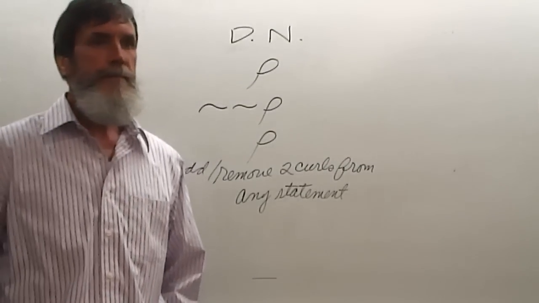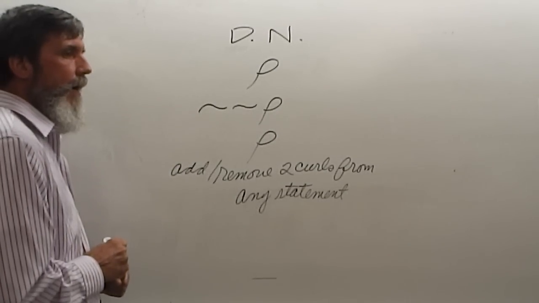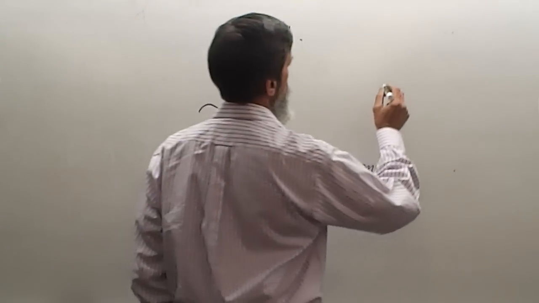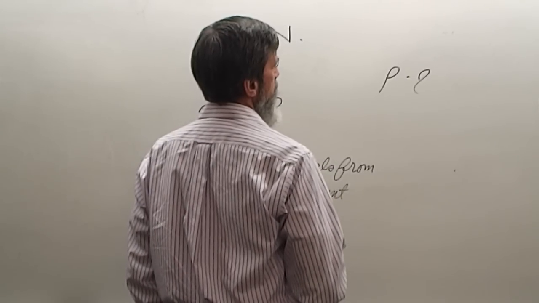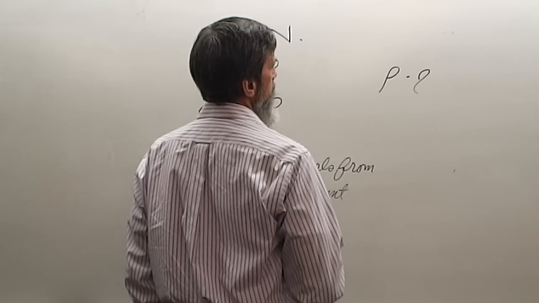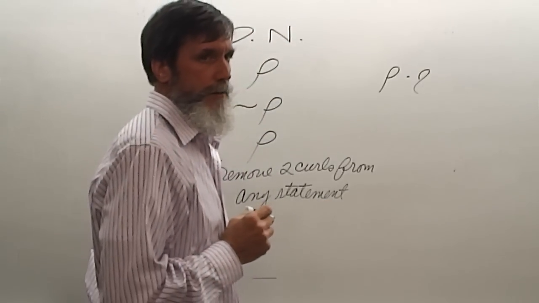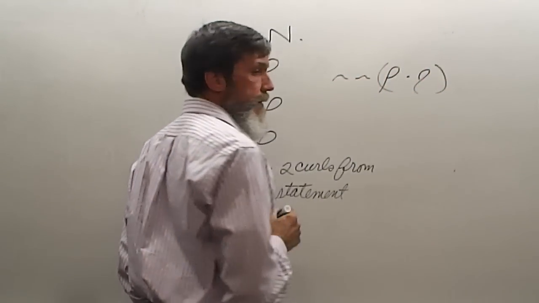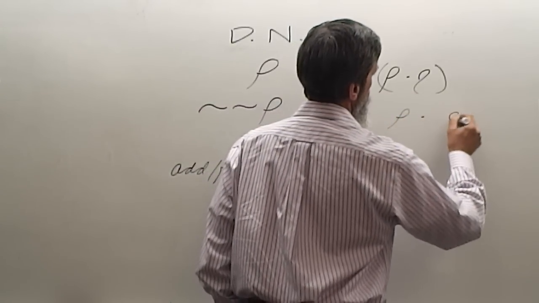Yes? Say the statement was longer, could you add it to any two parts of the statement? Or does it have to be added to? Give me an example. So P and Q, or P, and could you negate P and negate Q? Or do you have to only? You have to apply two curls or remove two curls from any single statement. I can add two curls to that entire component. Okay. I think you're asking, can I do this?